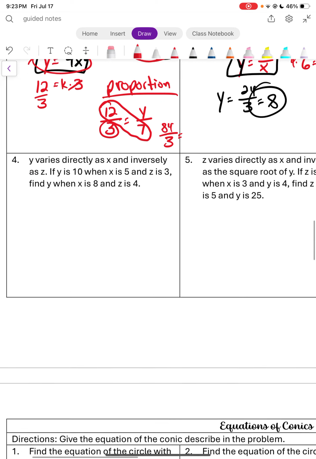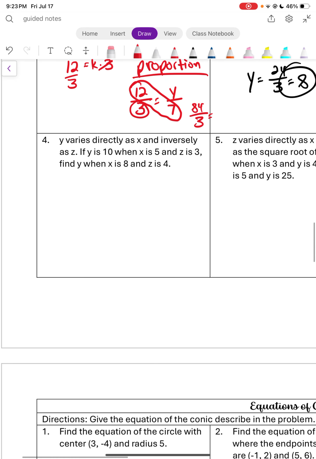Okay, let's do a few more. Y varies directly as x, but then it says inversely as z. So you can have multiples mixed in the same problem. And then they give you a scenario. Y is 10. We don't know the k. When x is 5 and z is 3. So we've just got a little bit tougher equation to solve.